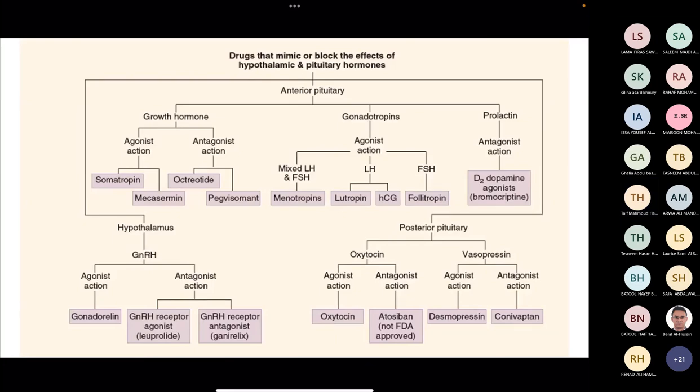So as we said, the signaling events that happen are wide and very complex.